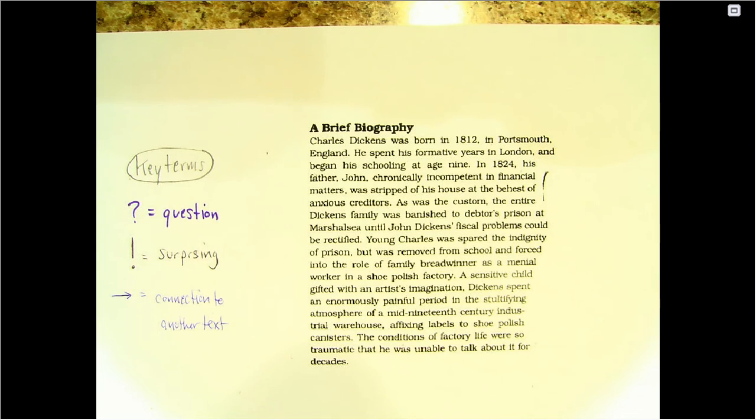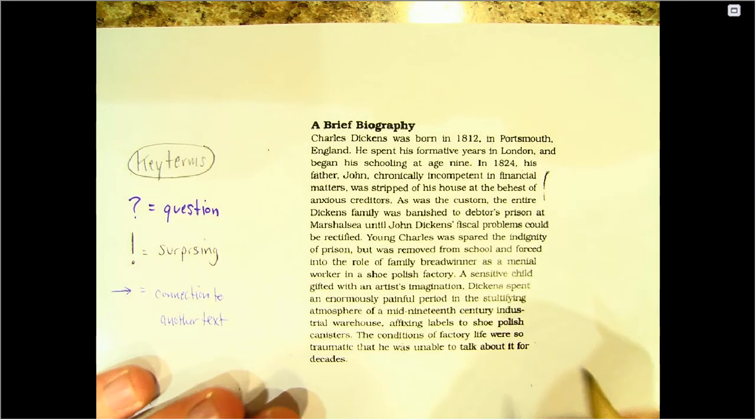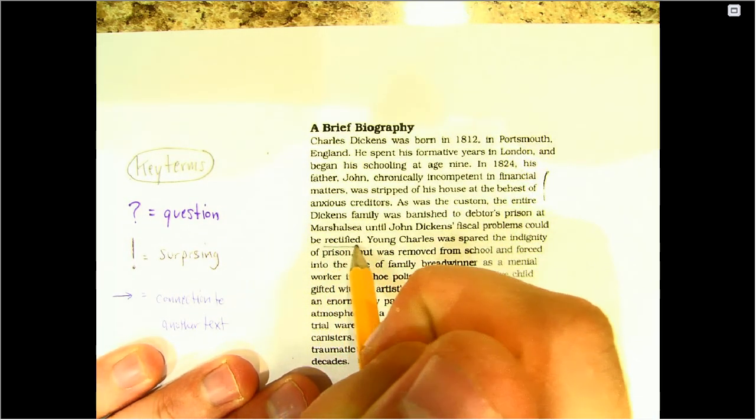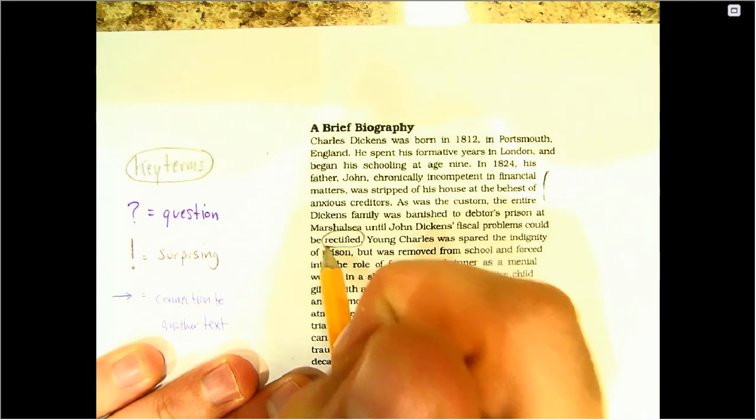So there's our text, and now we've got to go back and we're going to go in order. We're going to start with key terms, and we're going to circle any words that we might not know and would have to look up in order to better understand the word and the text. So I'm reading through, and maybe one of the first words I see that I don't know is this one, rectified.